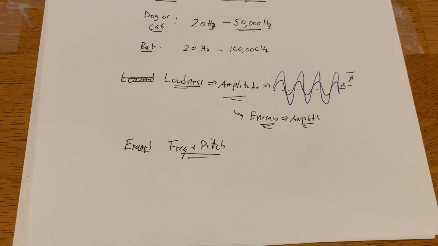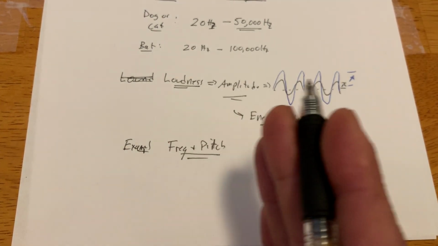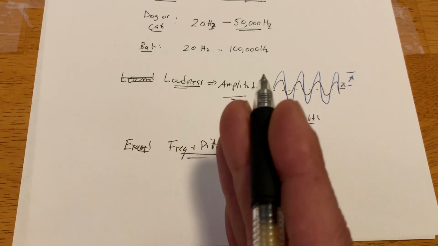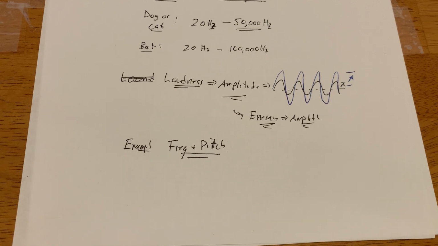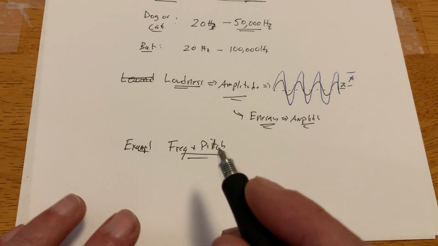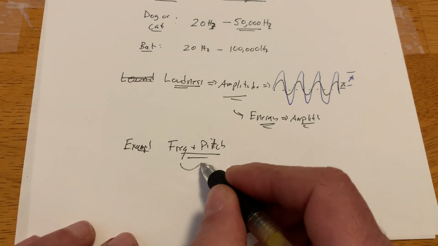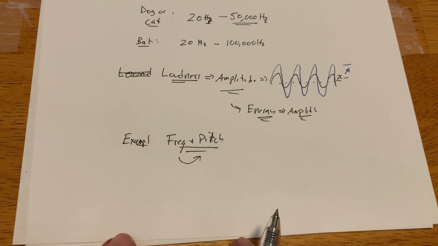Believe it or not, inside your ear is an eardrum. That eardrum is going to wiggle back and forth. The faster that it wiggles, the higher the frequency. We mentioned before that if it's going back and forth more than 20,000, we can't hear it. It's just out of our range of hearing. But we perceive frequency and our brain translates that to pitch.